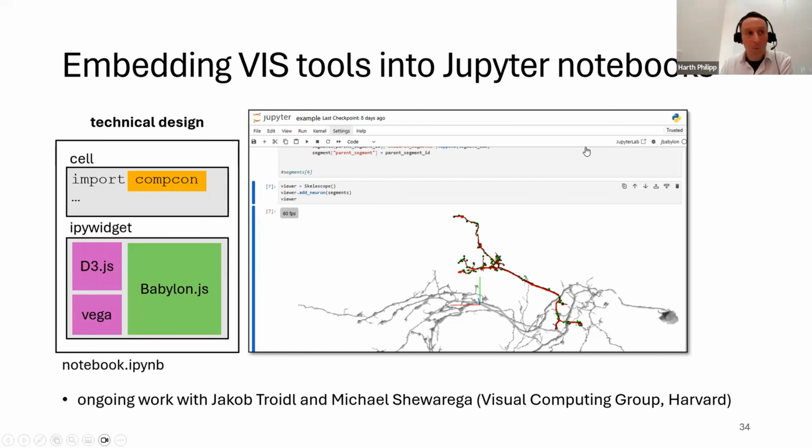The background is that we want to compare data sets in the fly brain. We have certain connectomes coming out from the fly brain, male and female, and we want to make comparisons between these connectomes. That's why it's called CompCon. But this is still ongoing work. The takeaway is that we want to shift this from web-based tools to Jupyter notebooks.